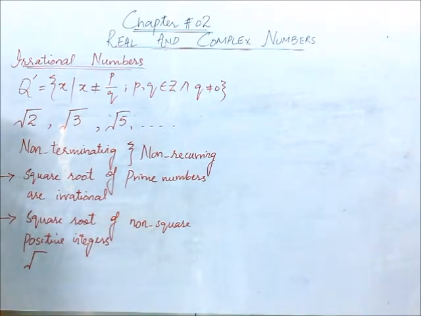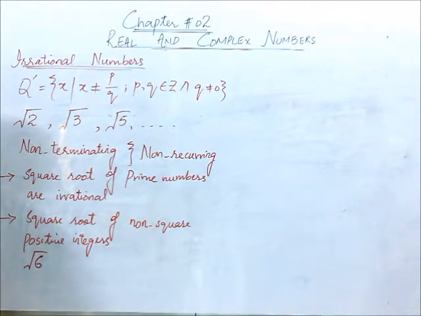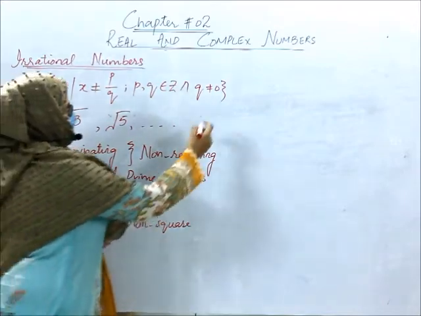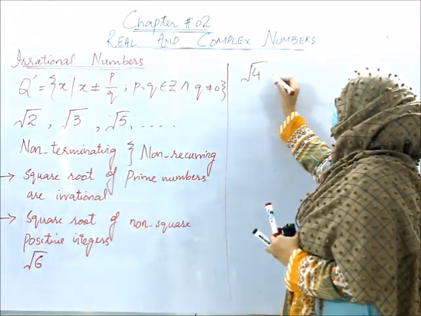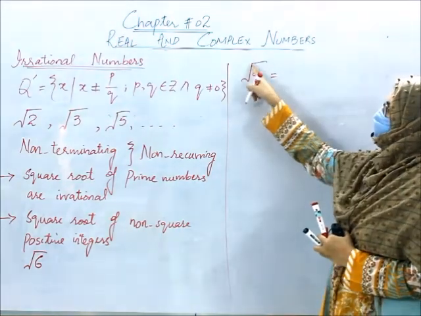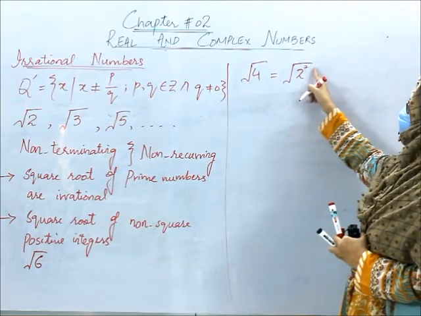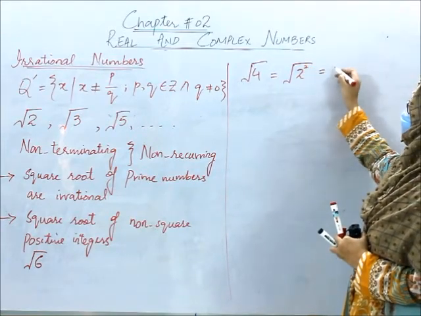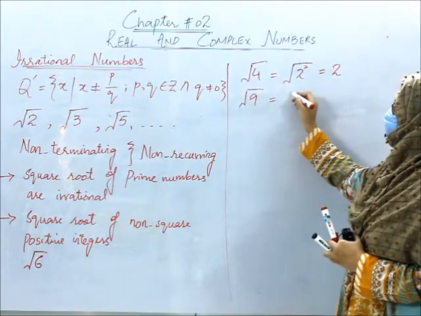Non-square means, for example, you can take square root of 6. Fine, this is a non-square. Let me explain it. Square root of 4 is the square root of the square of a number. Here we can cancel square with square root and our answer would be 2. Similarly, square root of 9.